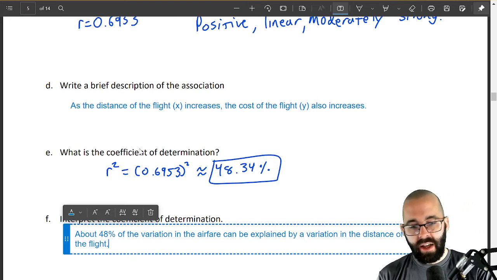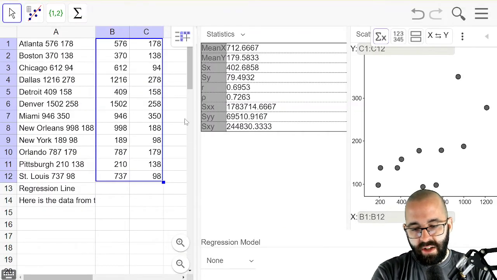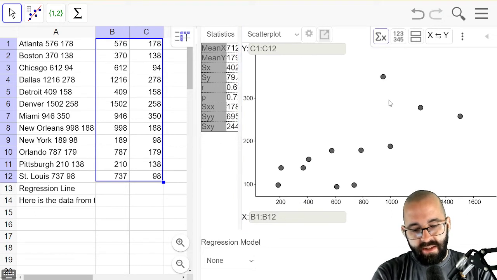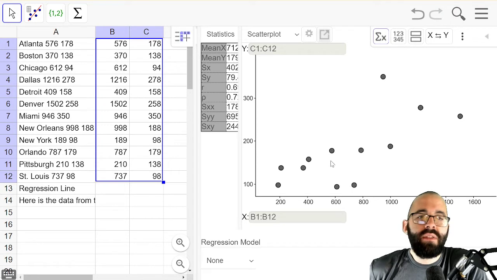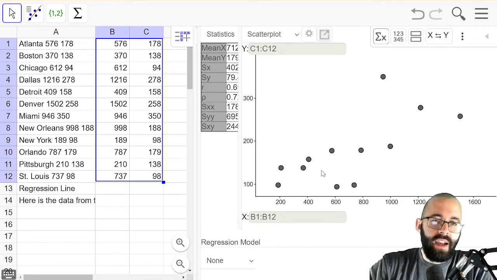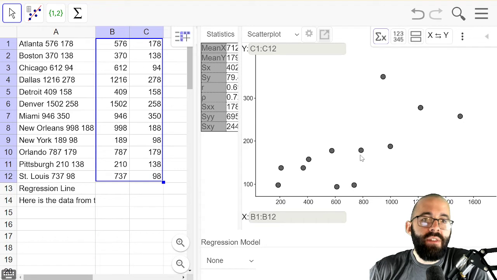And graphically, we could kind of look at this as well, right? It just wants us to look at this scatter plot over here and say, okay, what percent of this variation, like what percent of these things jumping away from this line, if we had a line that we'll talk about in the future, can be explained by the distance and how many of these differences cannot be explained.